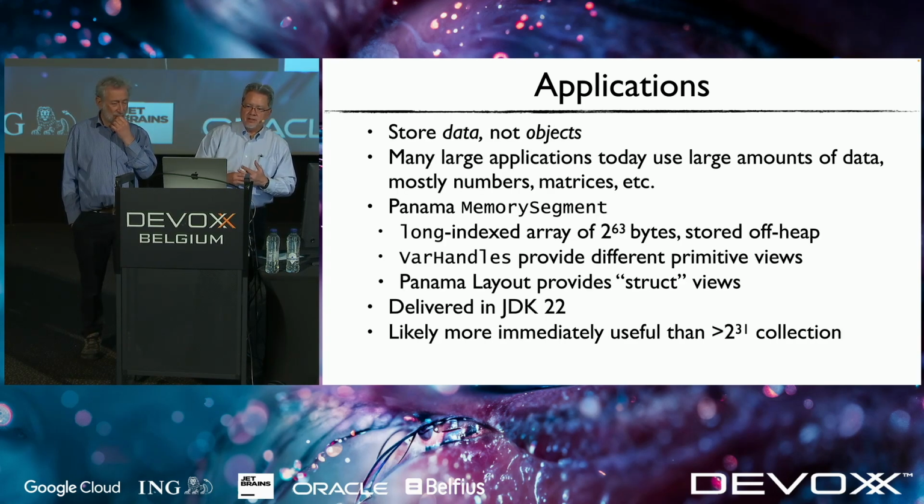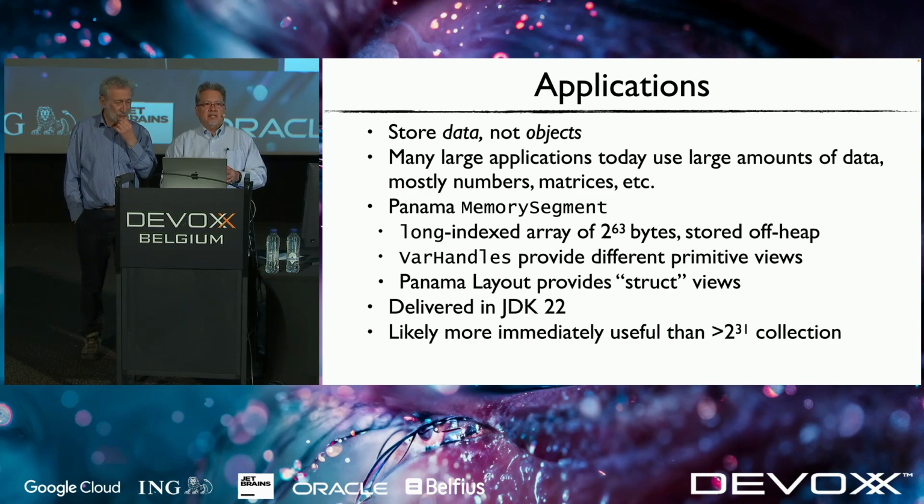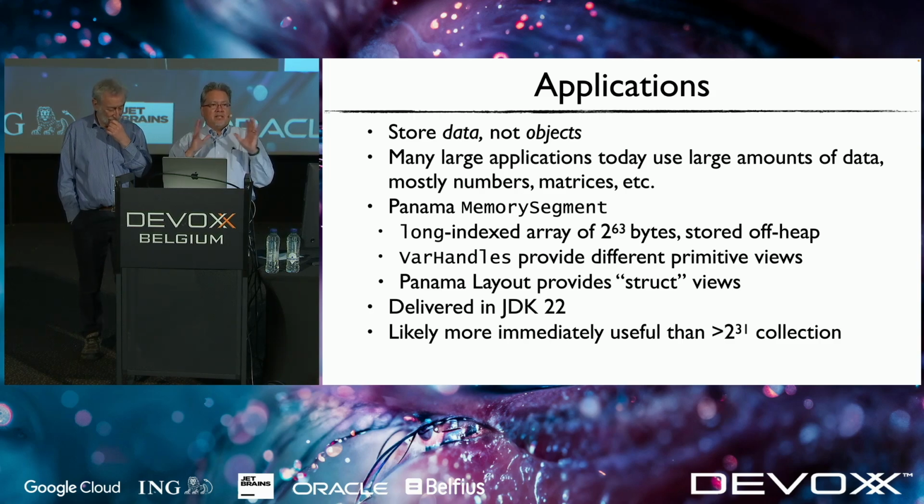Now, there are already some possibilities for storing and operating on large amounts of data in the JVM, but it actually doesn't use collections. Most things that use gigabytes and gigabytes of stuff don't use objects to do it. They're usually manipulating large amounts of data, which is in the form of primitives or matrices or something like that.